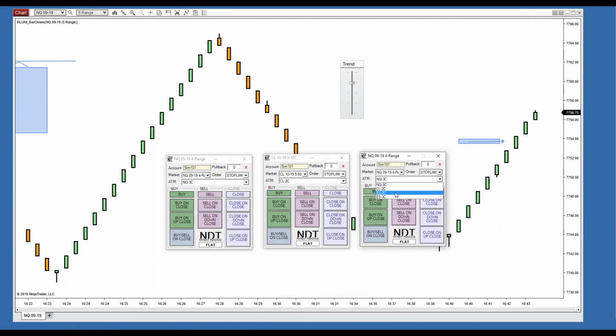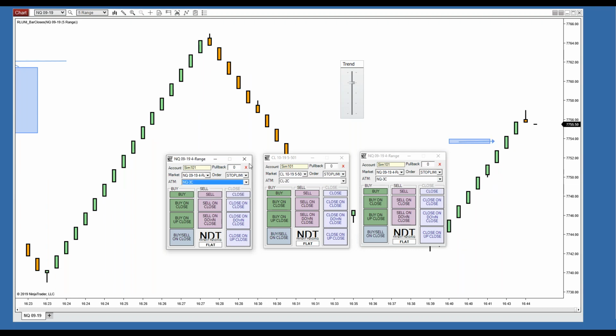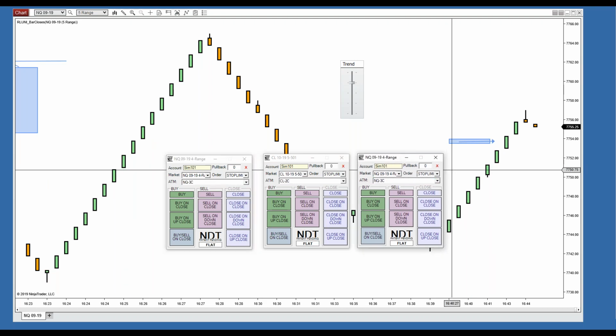You're going to put that below the chart on the ATM that you want to use. Or you could trade one and just dial in the instrument that you want to trade. It's really up to you. So you can bring up an unlimited number of domes, and you can take more than one trade at the same time, as long as your account can handle it.